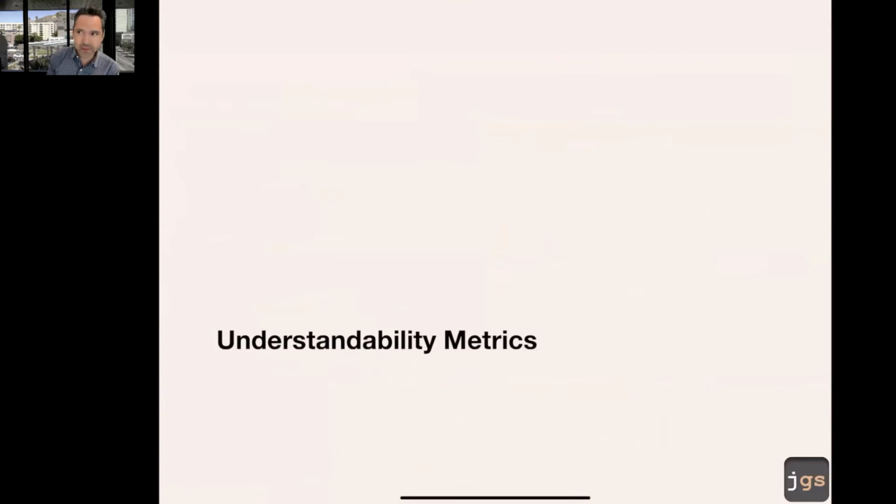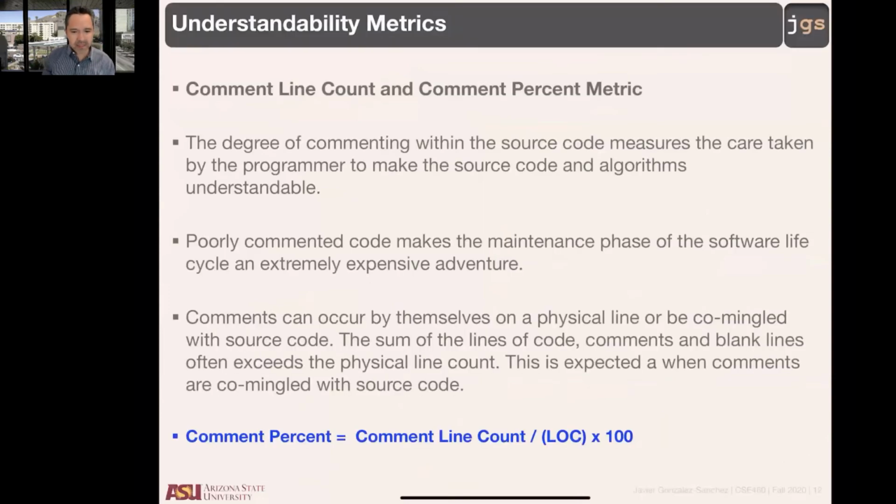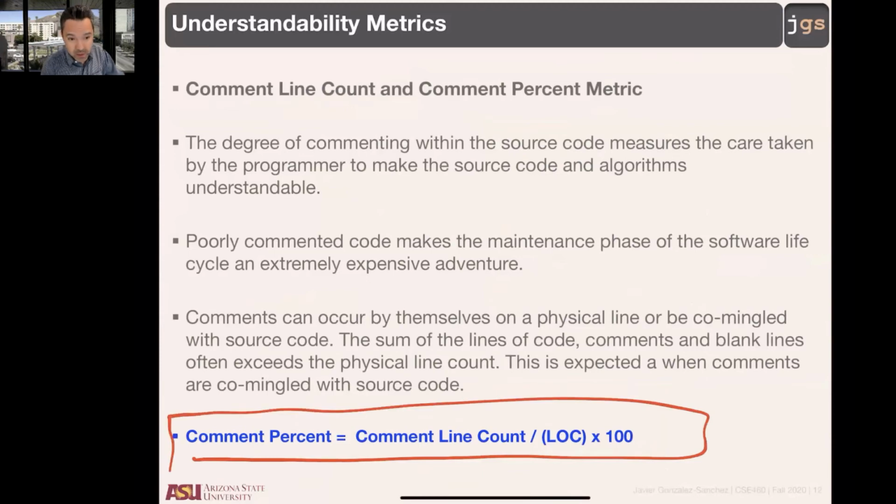Let's check the understandability. Very simple. I give you the context and the explanation, but what I need you to remember and check is this equation here. Lines of comments.